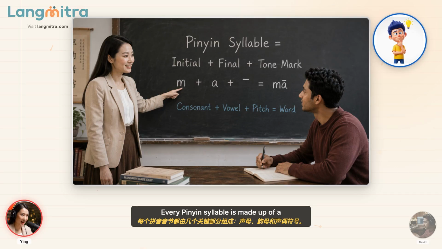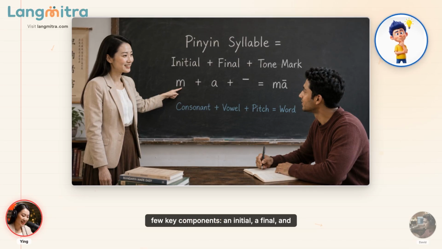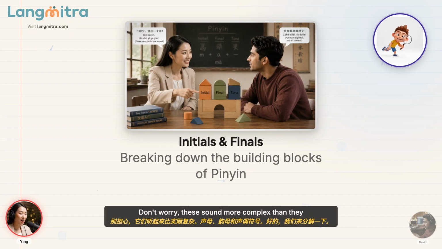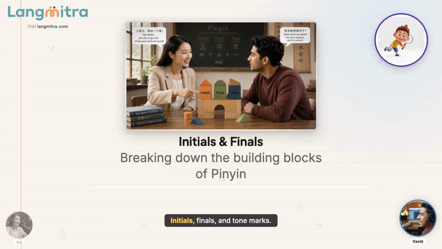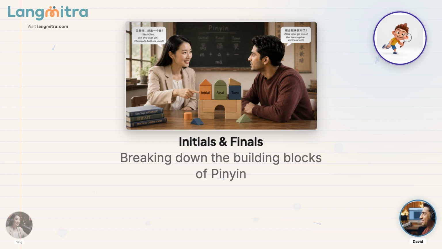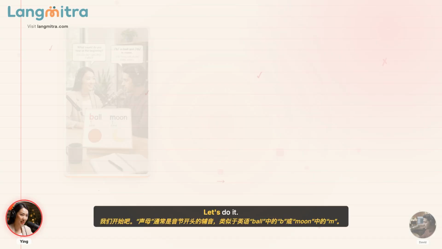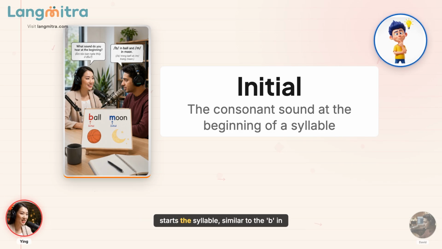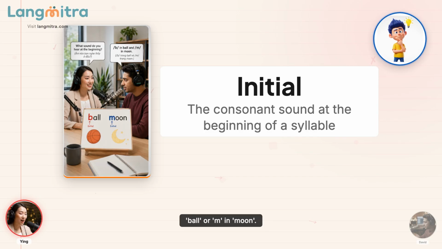Every pinyin syllable is made up of a few key components: an initial, a final, and a tone mark. Don't worry, these sound more complex than they are. Initials, finals, and tone marks. Okay, let's break that down. Let's do it. An initial is typically a consonant sound that starts the syllable, similar to the b in ball or m in moon.